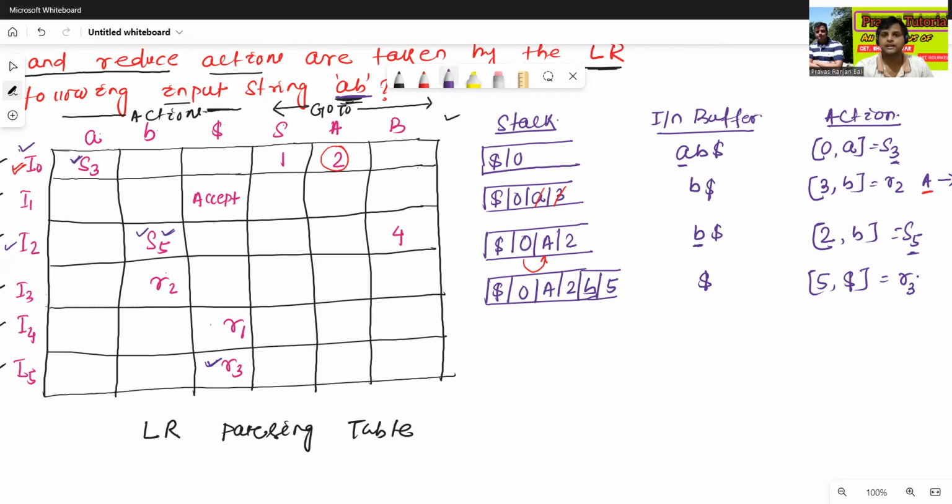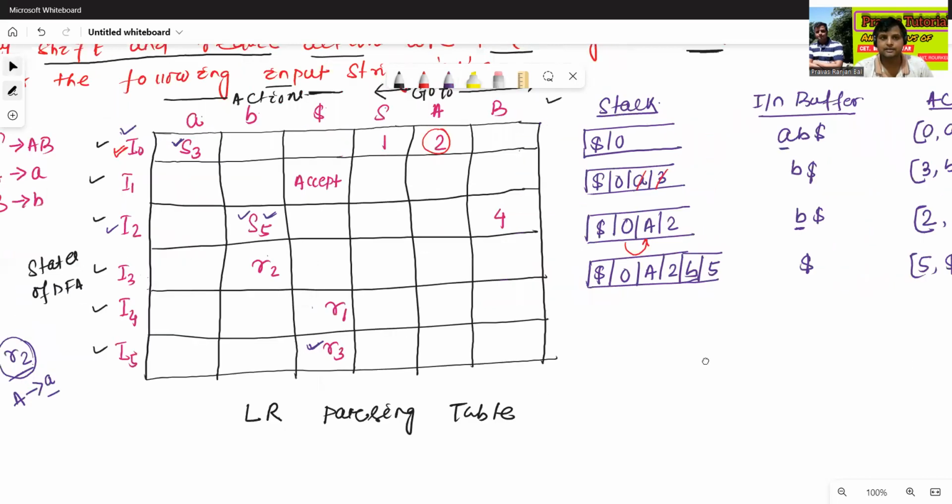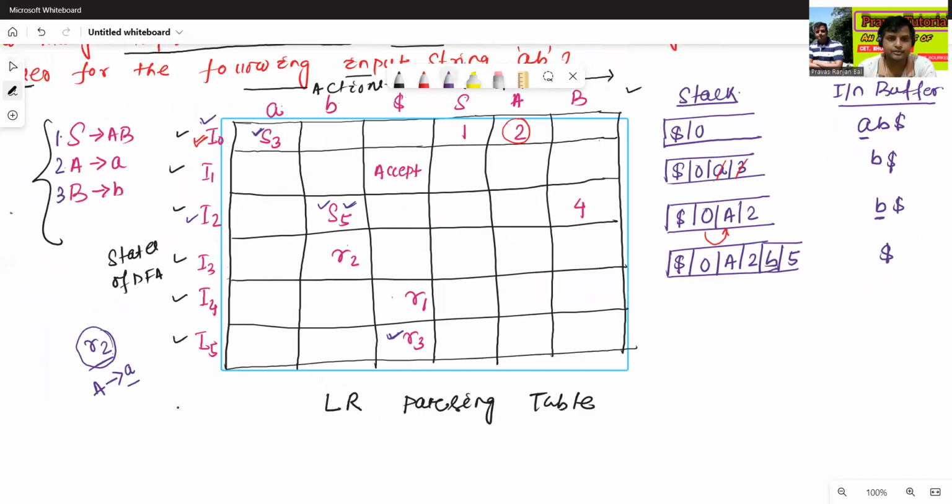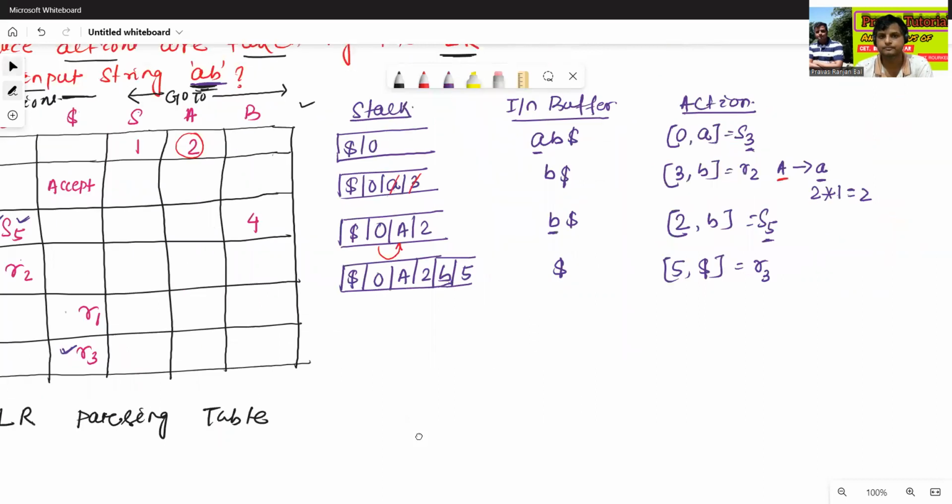Now we'll check what the meaning of R3 is here. Reduce 3 means the third production. The third production is B to B. Now how many elements will we remove from the top of the stack? 2 times the RHS part, which contains only one element.